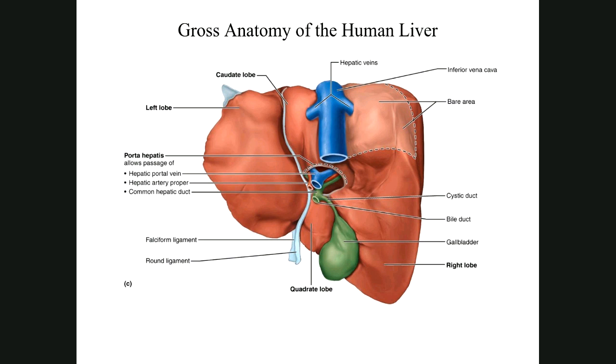We have also this bile duct that is connected to the gallbladder. The common hepatic duct leaves the liver. The cystic duct, you see it's branched to the cystic duct that is going to connect it to the gallbladder.